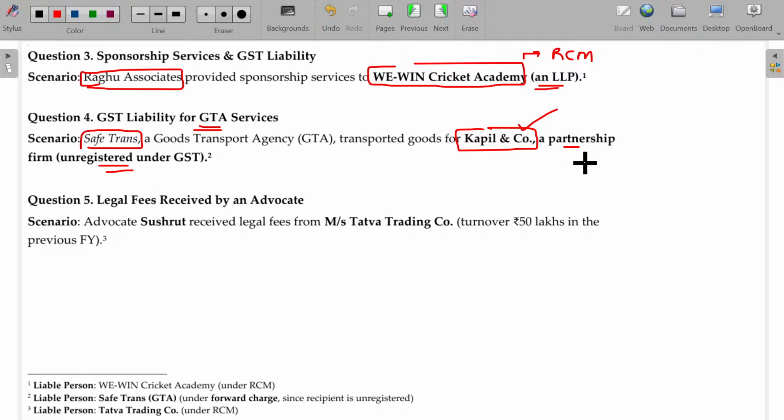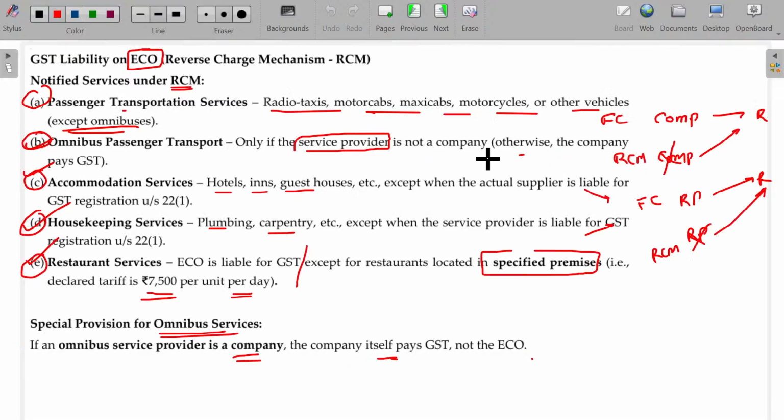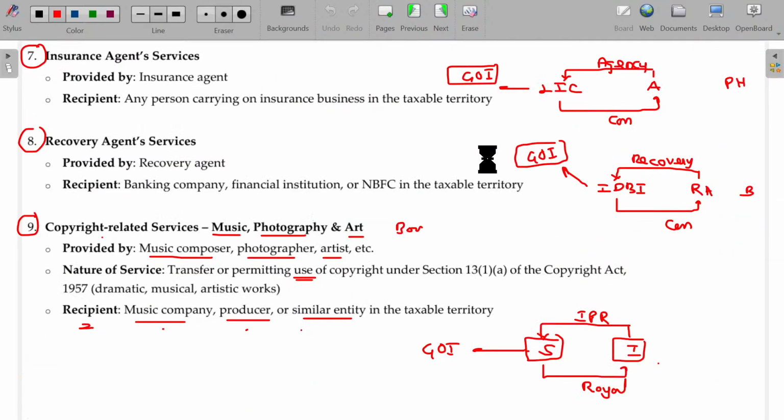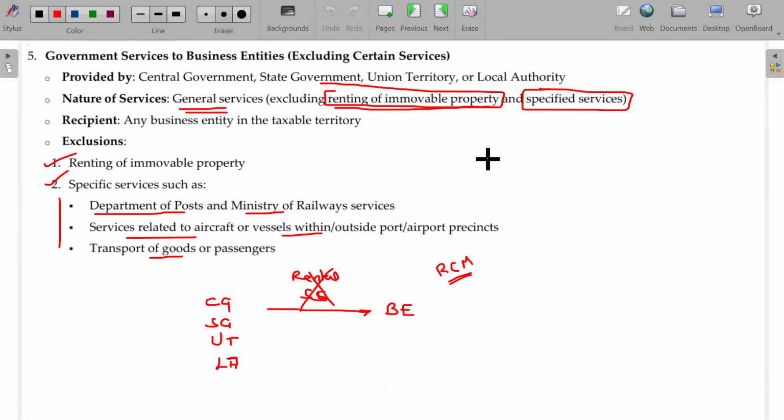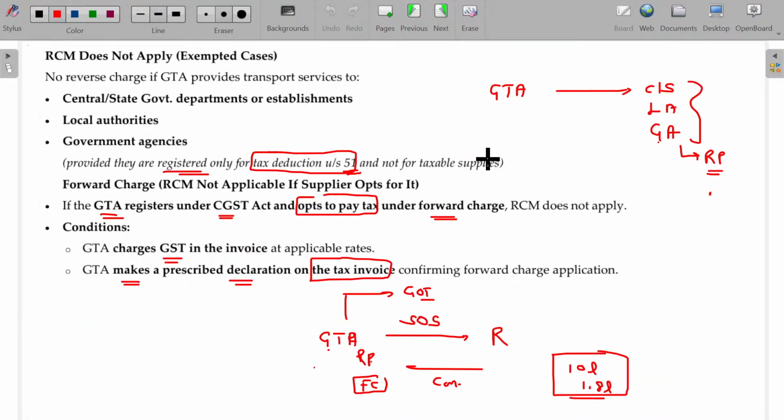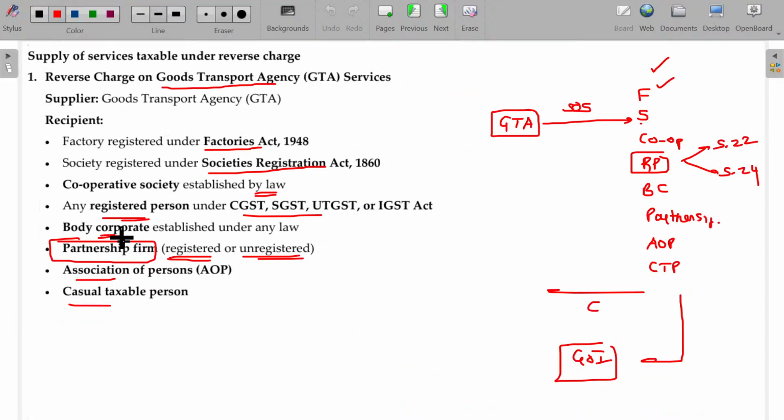Registered or unregistered, it does not matter in the case of a partnership firm. I already told you this at the very first. This question was very often asked in the exams. In case of a partnership firm, that firm may be registered or unregistered, yet RCM basis is applicable. In all other cases, registration is a must.